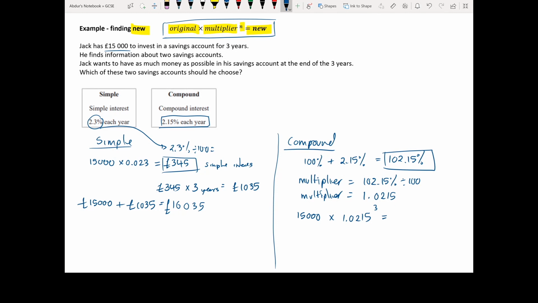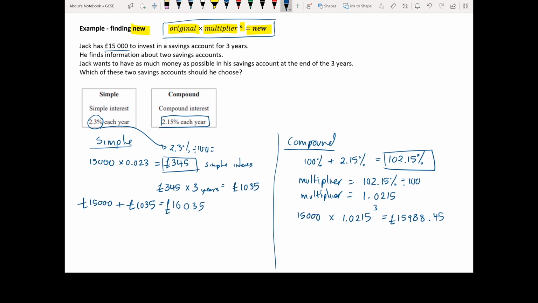If we type that into our calculator, 15,000 times 1.0215 to the power of 3, that gets us an answer of £15,988.45 to 2 decimal places, since we're working with money.